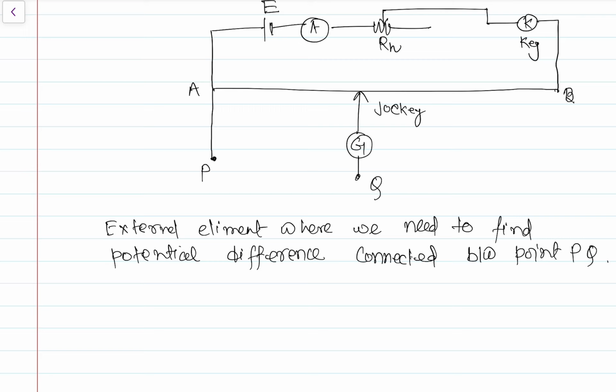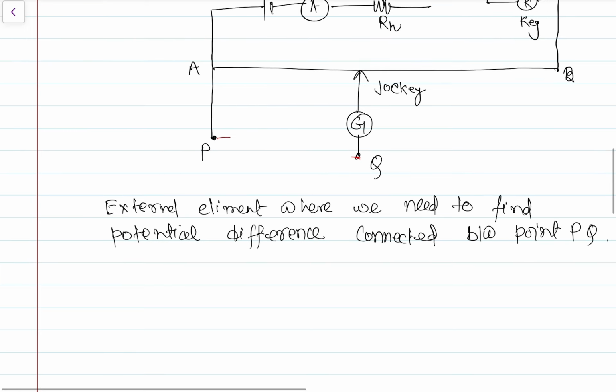So how will you measure the potential difference between 2 points? Suppose we have to find the EMF of a cell. We need to connect the cell between these 2 points P and Q, slide the jockey and check the null point.